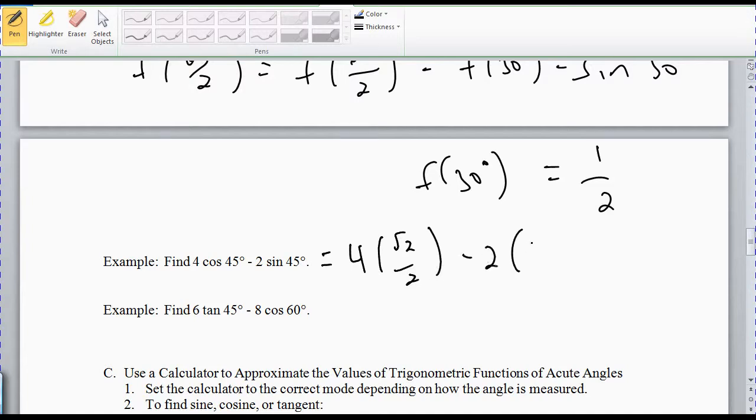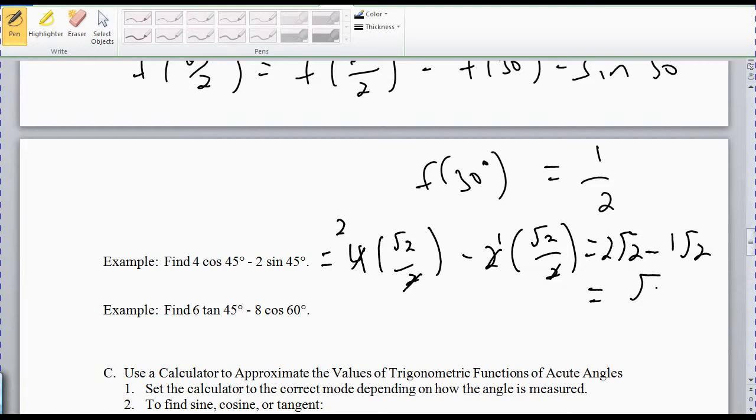And sine 45 is also square root 2 over 2. And then this 2 goes in this 4 2 times, leaving 2 square root of 2. These 2's cancel, leaving 1 square root of 2. And 2 square root of 2 minus 1 square root of 2 is 1 square root of 2, or just plain square root of 2.